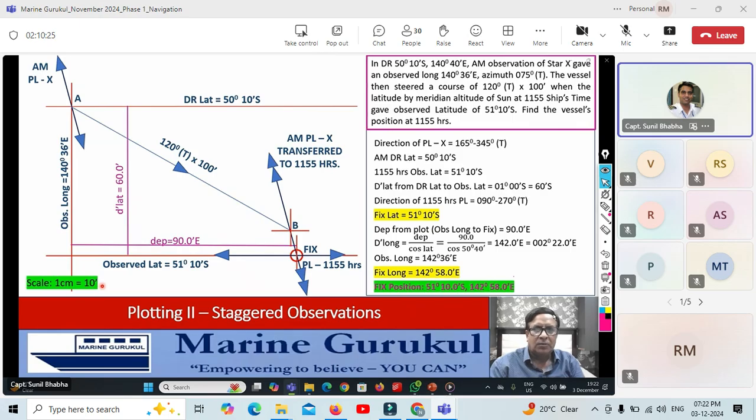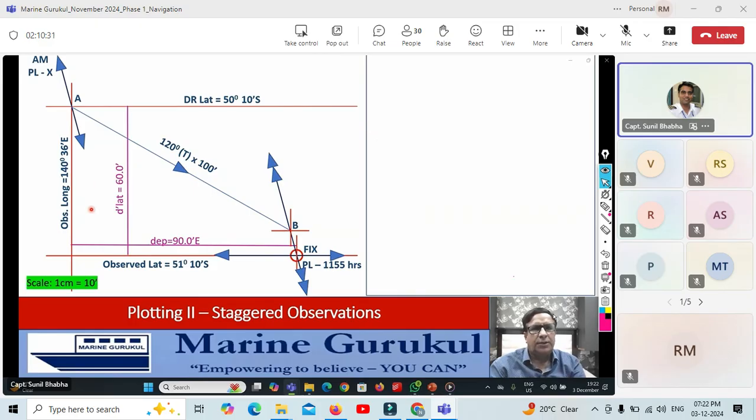But whatever this limitation is, it's also a serious limitation. The issue about this small scale can be resolved by reducing the scope of actual plotting and maybe performing part of the question numerically or mathematically on the answer sheet. What do we need here? We actually need to know the coordinates of point B through which the first PL has been transferred.